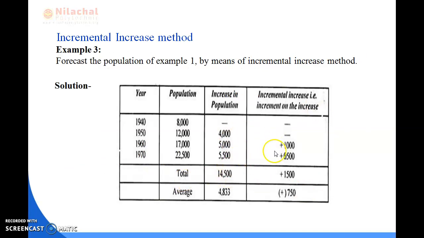While averaging the increase in populations, we can take x1 as 4,000, x2 as 5,000, and x3 as 5,500.